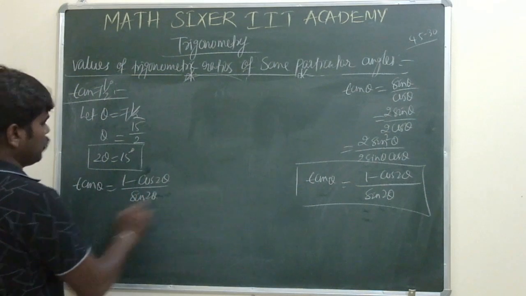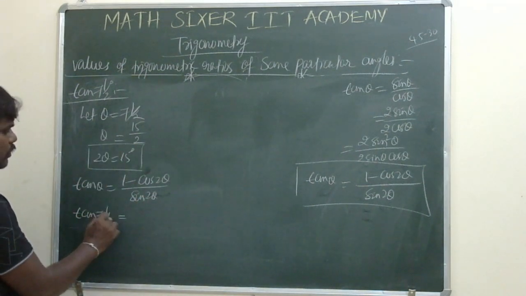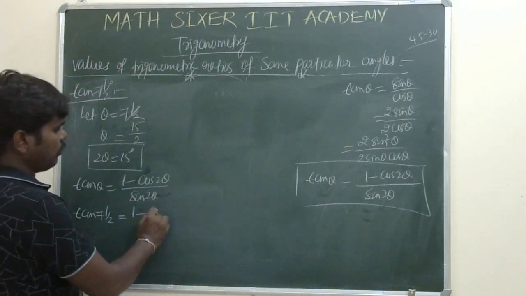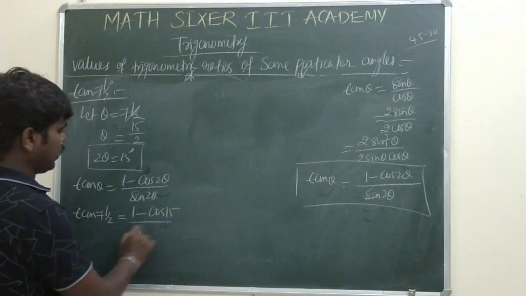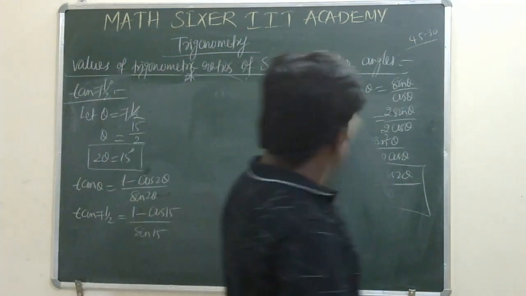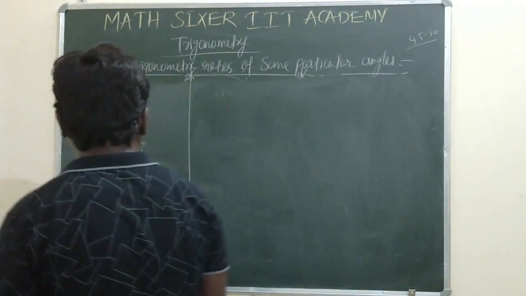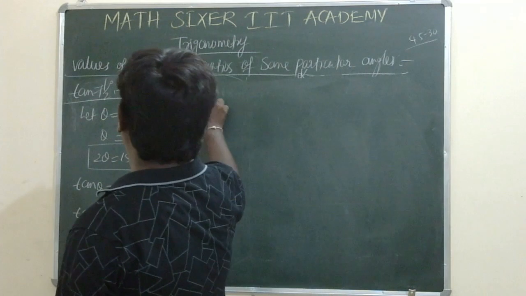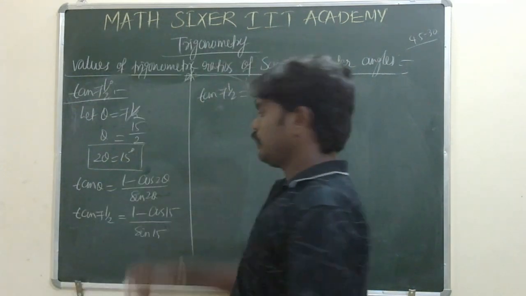Now I am substituting theta as 7 by 2. Then cos 2 theta becomes cos 15 and sin 2 theta becomes sin 15. So tan 7 by 2 is equals to 1 minus cos 15 divided by sin 15.